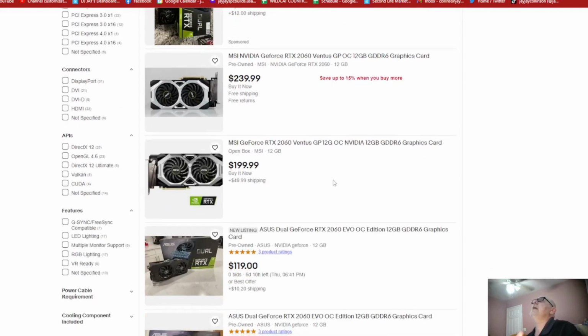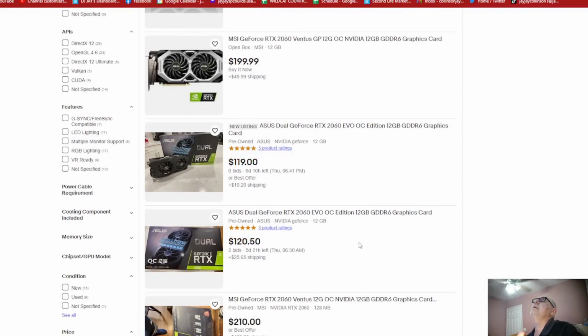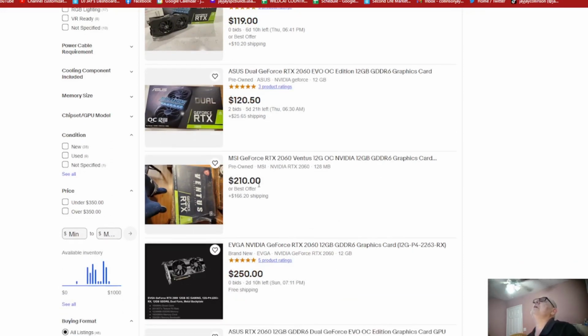But they have this one here, but I'm not bidding on the video cards. I'm just going through and seeing what kind of deals I can get. I see this one here, but if you look at the bottom, this says 210 plus $166.20 shipping. Okay, really?